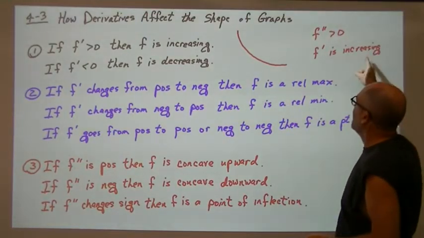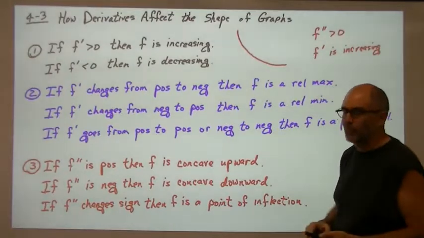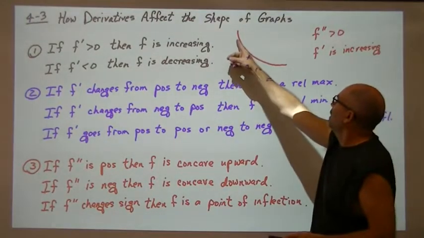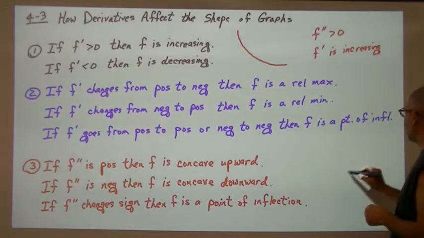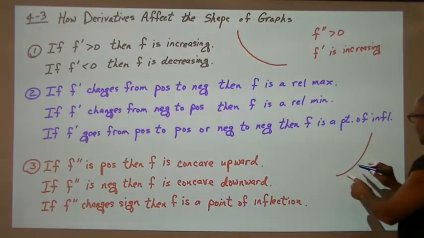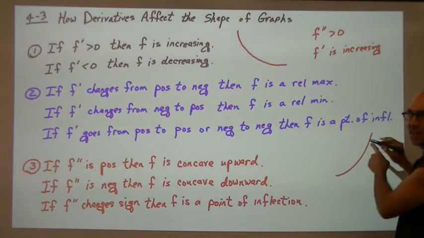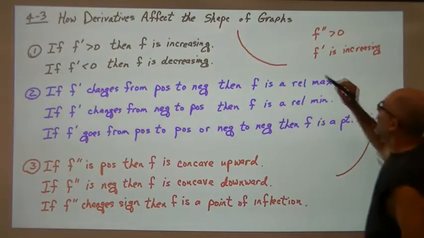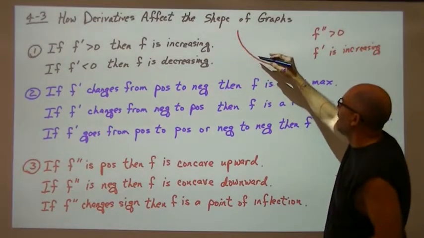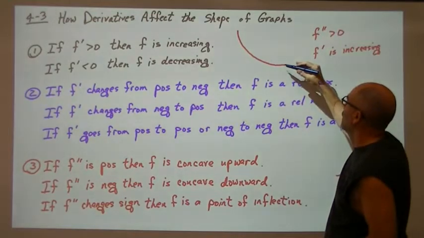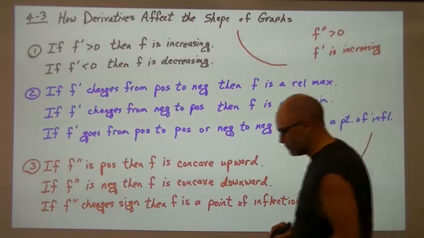F prime is increasing, but f itself is decreasing. So notice the first curve I showed you, f is increasing at an increasing rate. Here, f is decreasing at a decreasing rate. Okay, that's f double prime being positive.